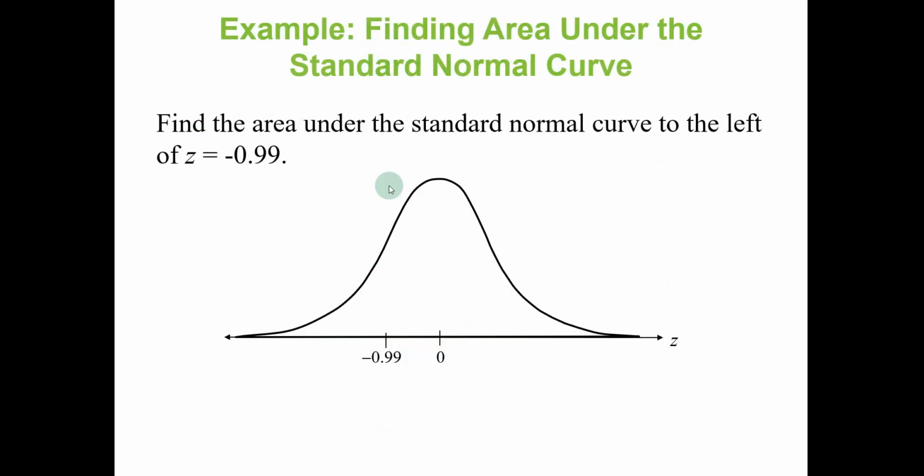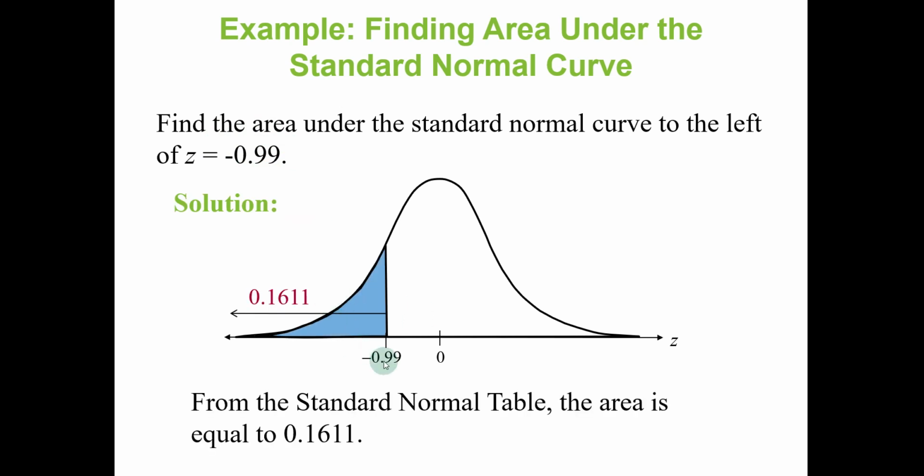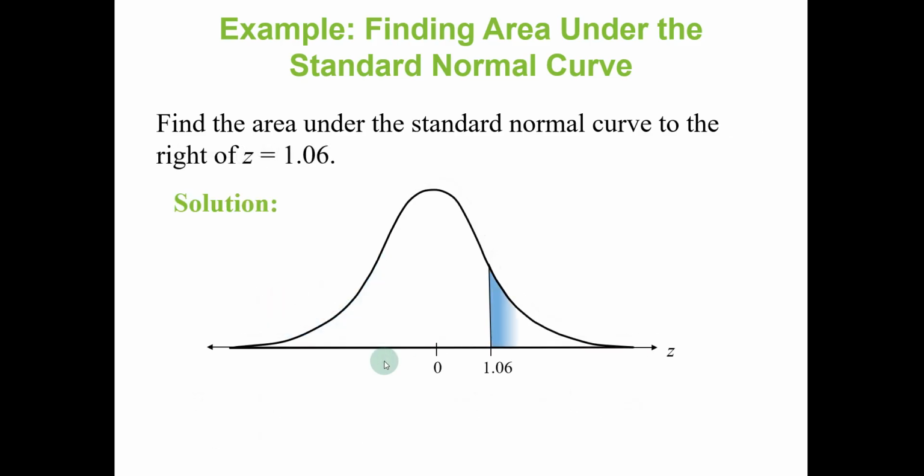Now, let's take this example. Find the area under the standard normal curve to the left. You simply go to your table and extract that value, and it's going to give you the area to the left, and that's it. In the second case, you've been told to compute the area to the right. You go to your table, it's going to give you the area to the left.